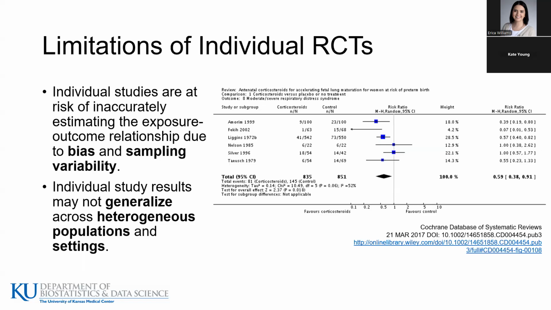So individual studies cannot generalize across heterogeneous populations and settings. So that's why we need to conduct multiple randomized controlled trials and look at the results of all of those.